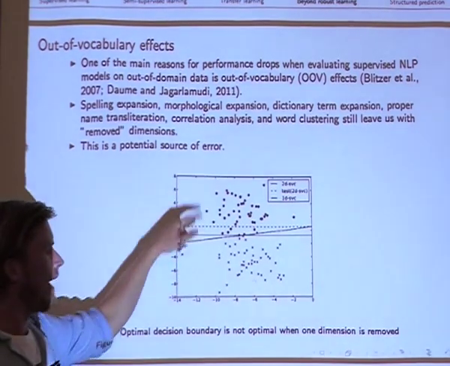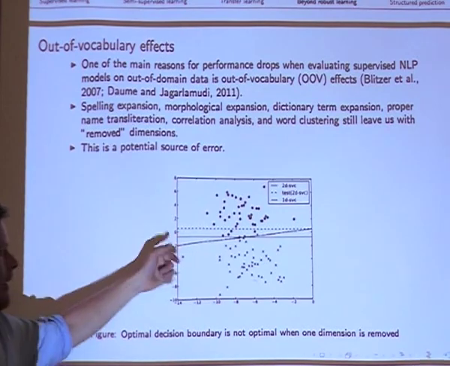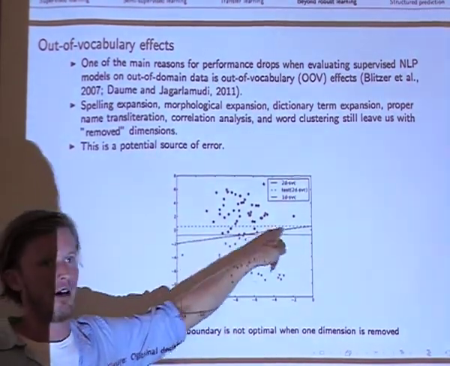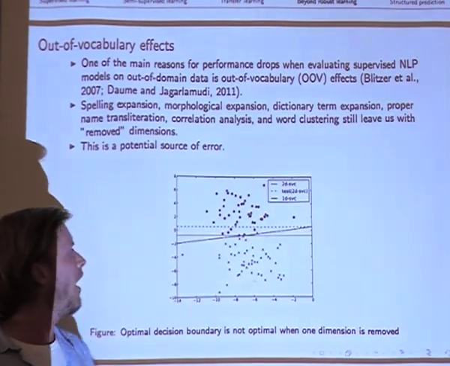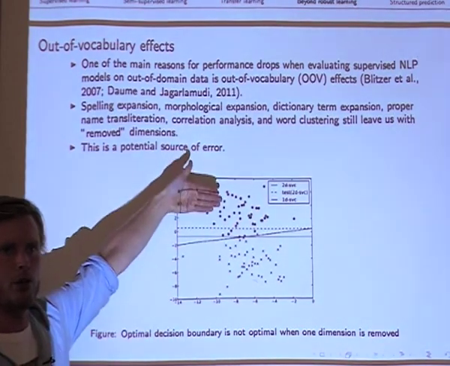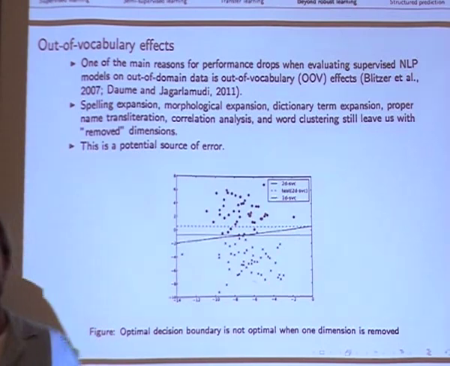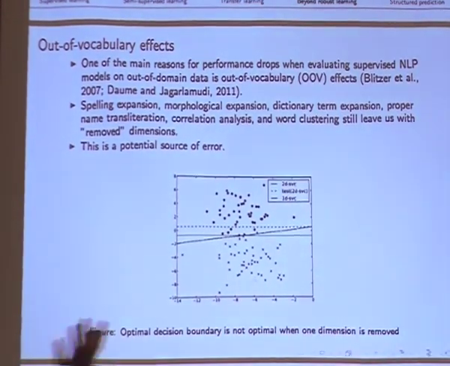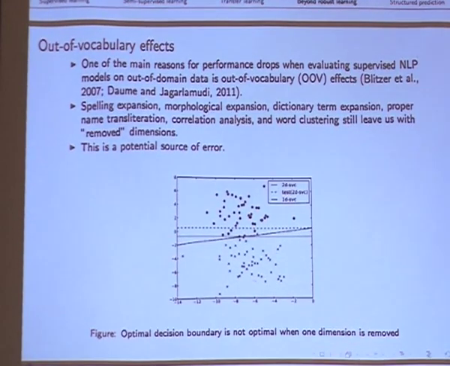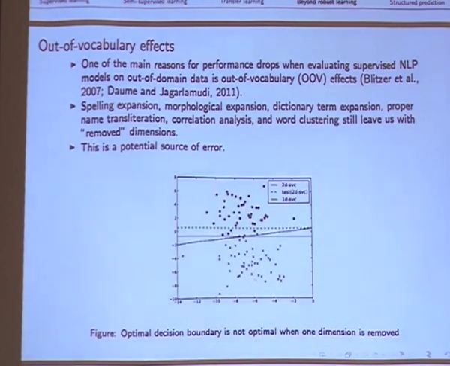If you, at test time, throw away one dimension here, that could be turned into this decision boundary here, which obviously doesn't look too good. But if you knew that already, and you just learned your decision boundary from just that dimension, you would get something like this, which would be a lot better, right? Now, of course, that's assuming that you know exactly what kind of loss or what kind of missing features you're going to see, and we don't. But that's sort of the intuition.